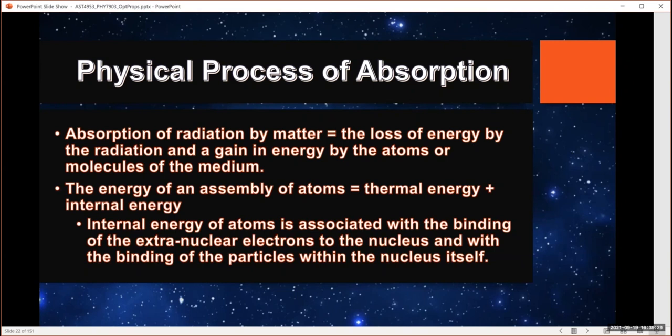Now, the energy of an assembly of atoms is a mixture of the thermal energy, that is how much it's moving, and the internal energy, where the internal energy is actually nuclear. It's basically a mixture of the energy associated with binding the electrons to the nucleus and the binding of the nucleus itself. But that has nothing to do with the energy that it's going to absorb much.